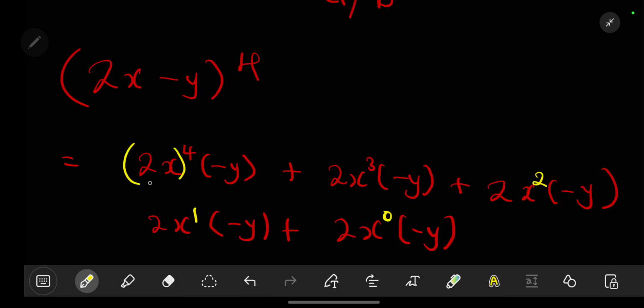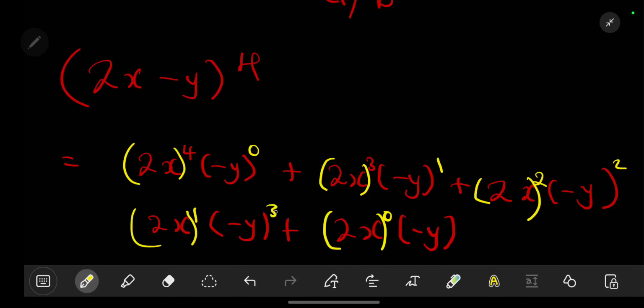Just be careful, put these in brackets. Then we are going to have 0, 1, 2, 3, 4, like that. So that is how you are going to be doing that.